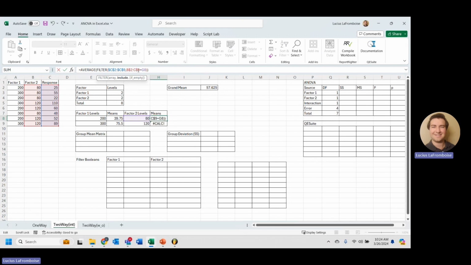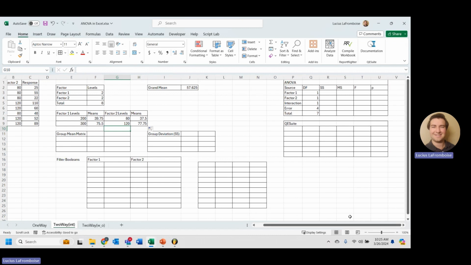I'm going to turn that into column B for factor 2, and double click, and there we go. Same thing, we're filtering the response based on whether factor 2 equals this factor level, and then we're taking the average.